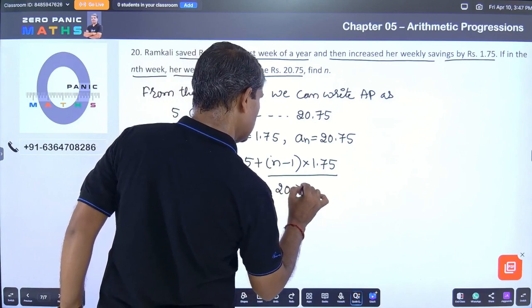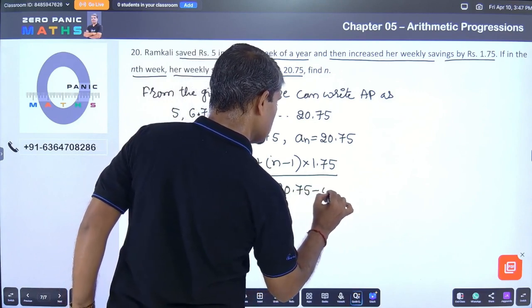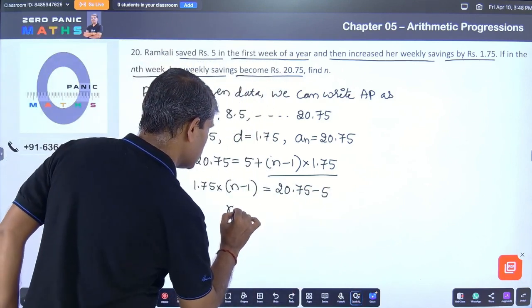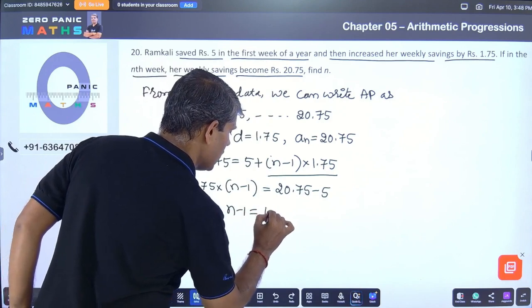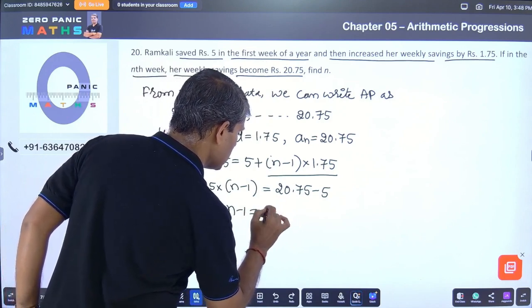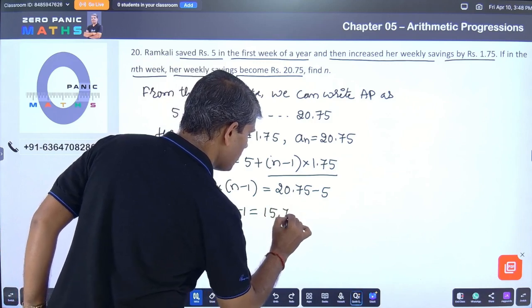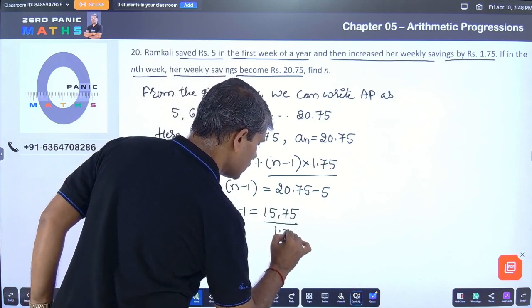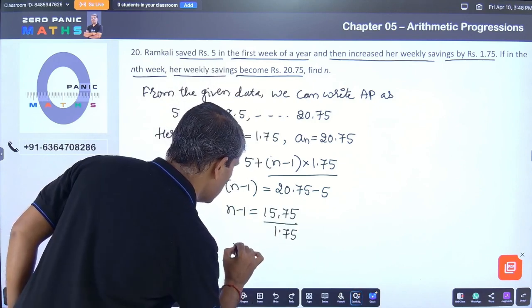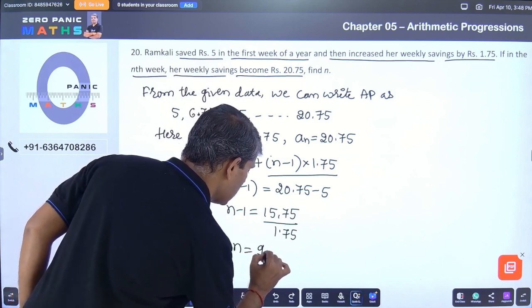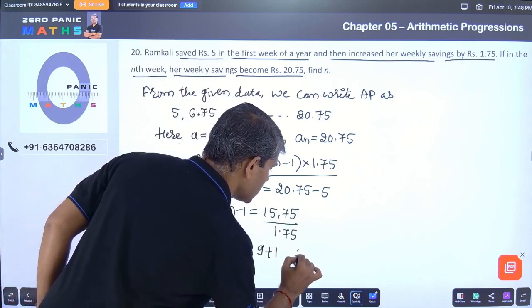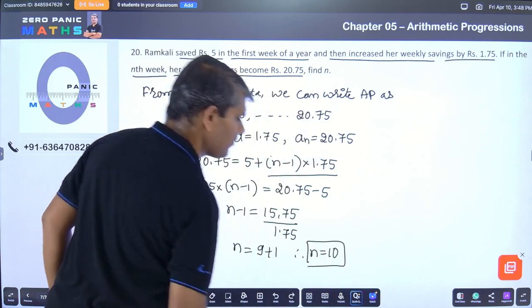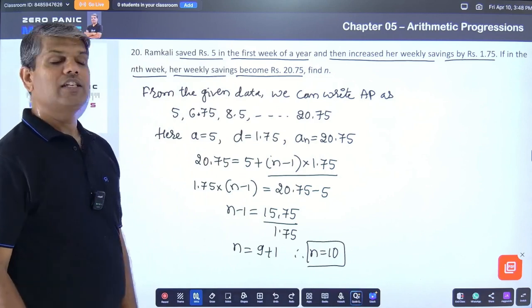That is 20.75 minus 5, which makes it 15.75, equal to (n minus 1) times 1.75. So n minus 1 is equal to 15.75 divided by 1.75, which is 9. So n is equal to 9 plus 1, which is n is equal to 10.